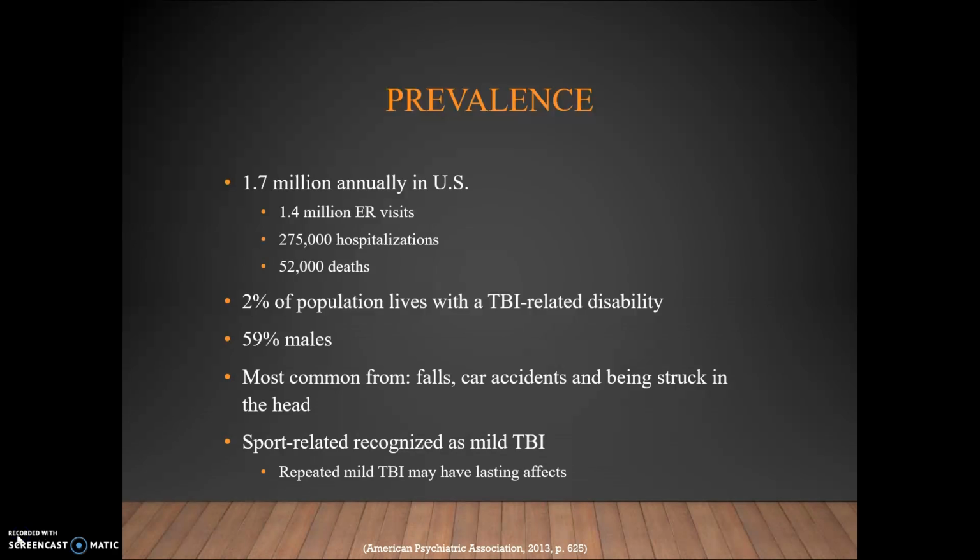And one of those effects has been studied and brought to the attention of the media a lot lately, and it's CTE, or chronic traumatic encephalopathy. I'm sorry, that one is a little bit tough. Encephalopathy.